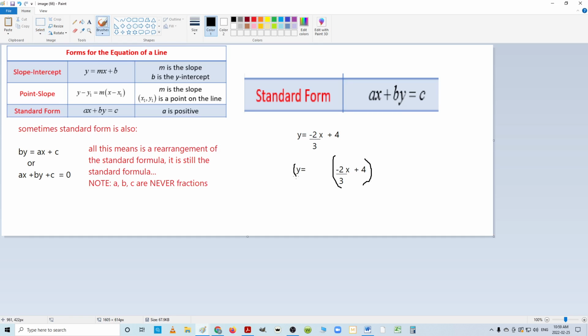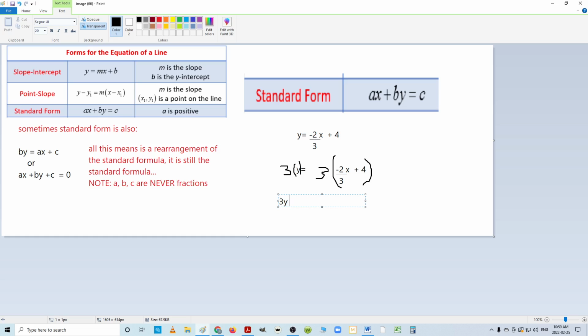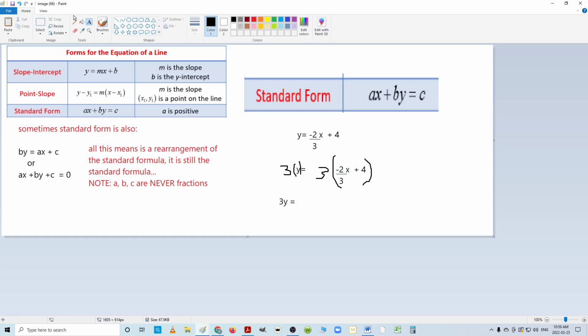I'm going to put the right side in a bracket. And I'm going to multiply both sides by that denominator. So I'm going to multiply the left side by 3 and the right side by 3. Now over here on the left side, it obviously becomes 3y. And on the right side, when I multiply the first term, and by the way, you have to distribute it through, and this is a plus 3 because the denominator was plus 3. When I multiply times this first term, the 3's cancel out.